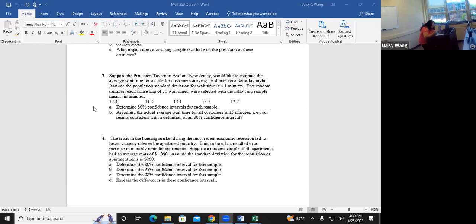So an 80% confidence interval for each sample.